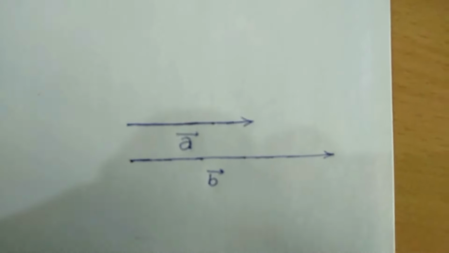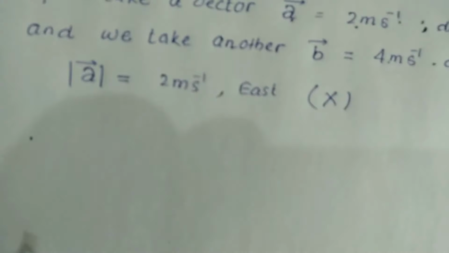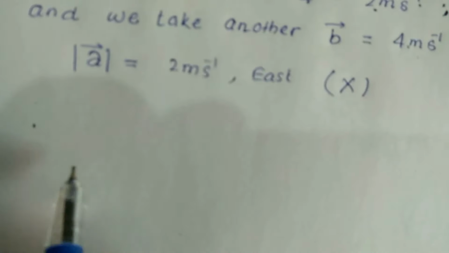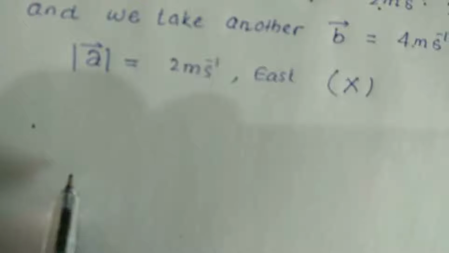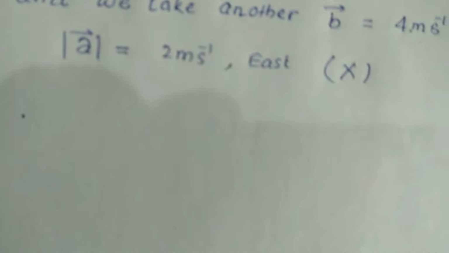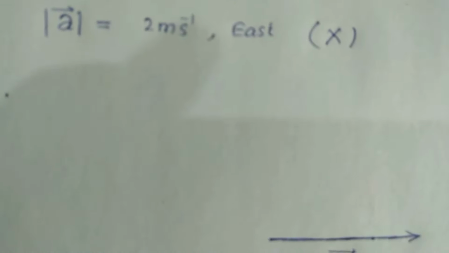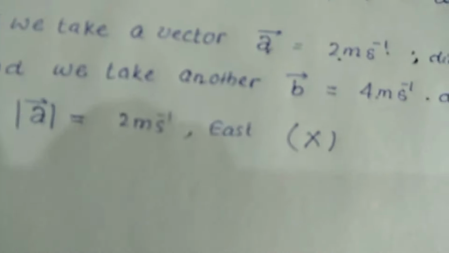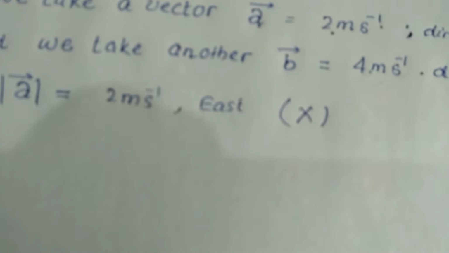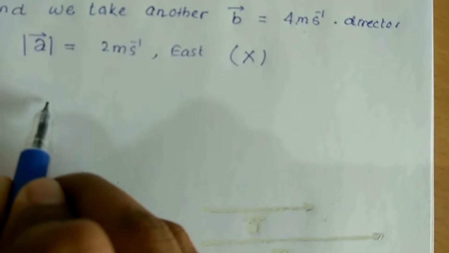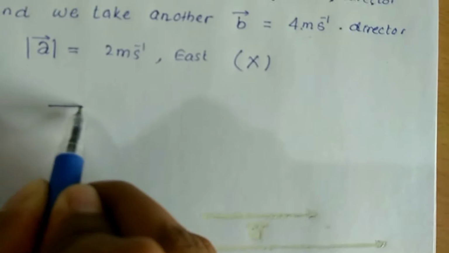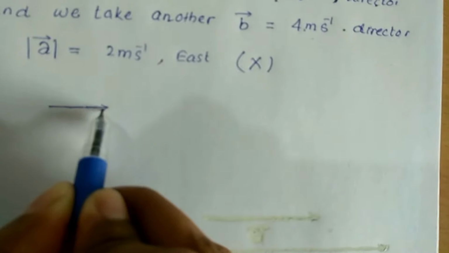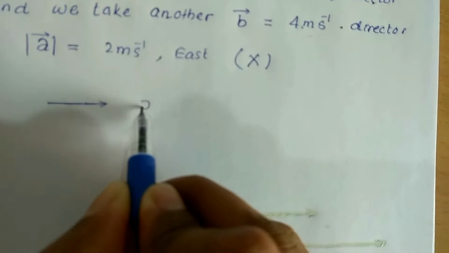If you are confused, we take another example, represented like this. Suppose vector A is this.